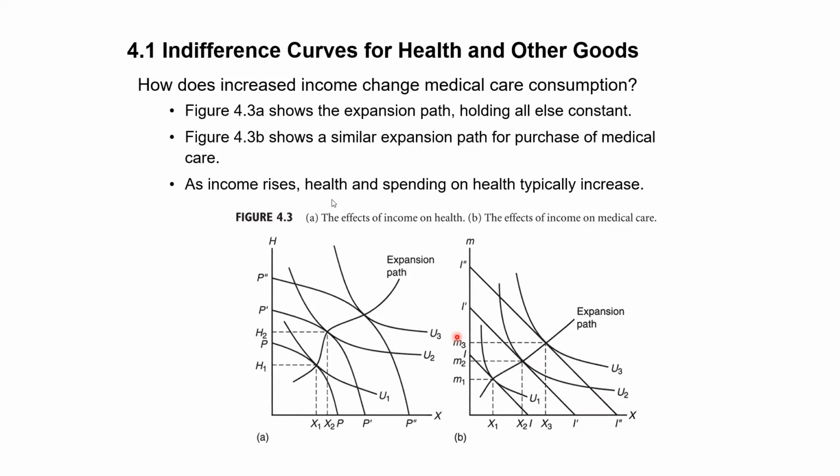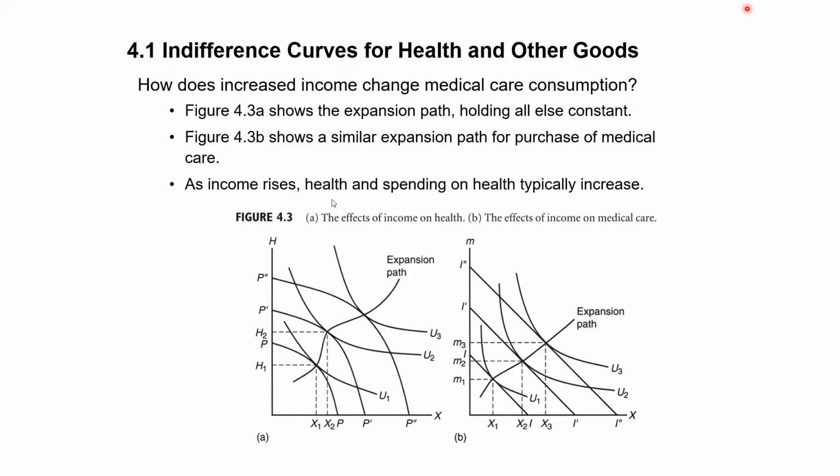So holding everything else constant, we see that the consumption of X and H, or X and M, medical care, will change with increasing income. In fact, increasing income will also show increasing consumption of goods like X and medical services.